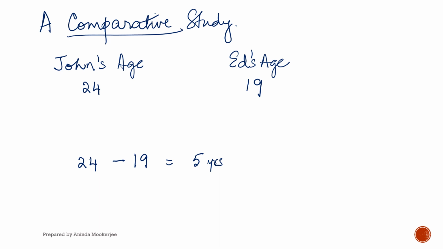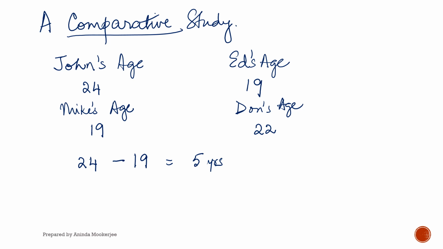If on the other hand, let's take another person, Mike's age and Don's age. I say that Mike's age is 19 and Don's age is 22.